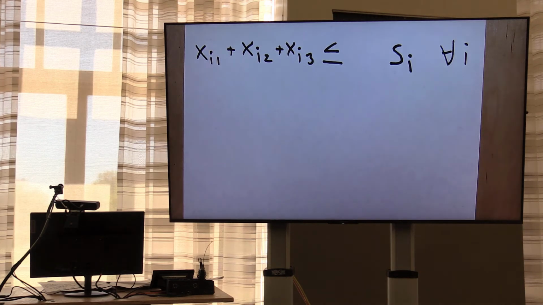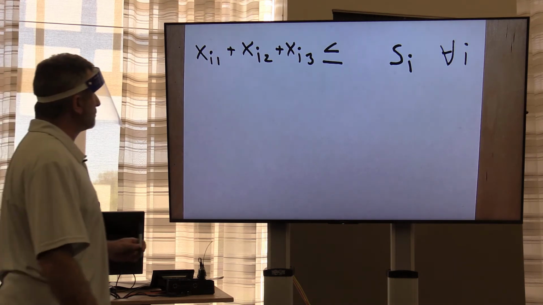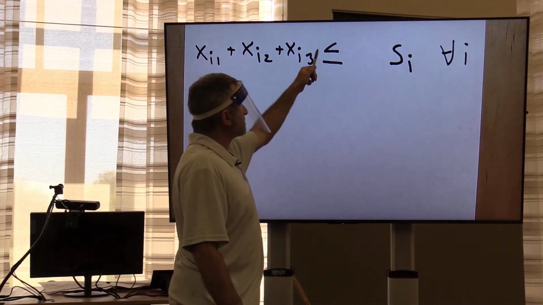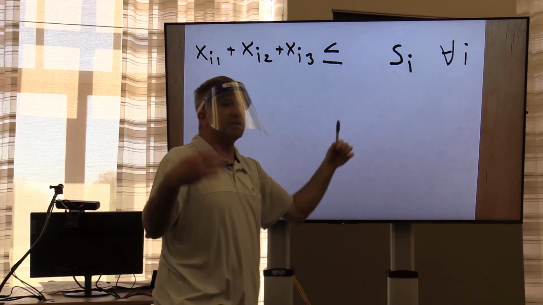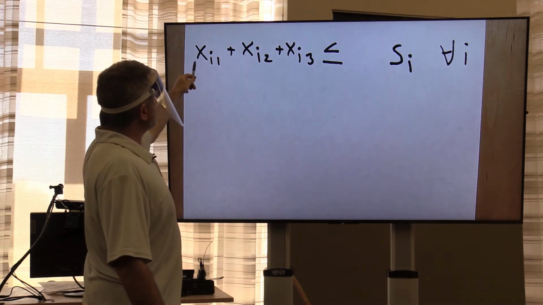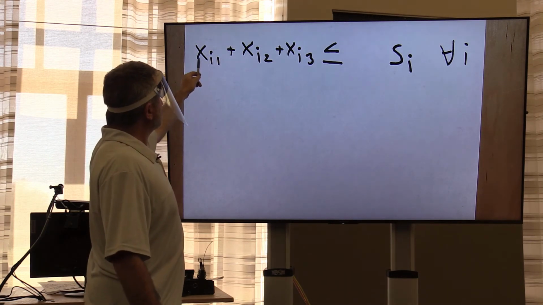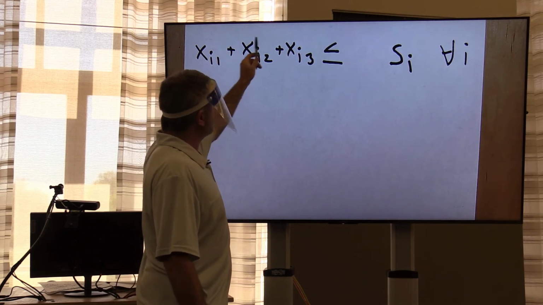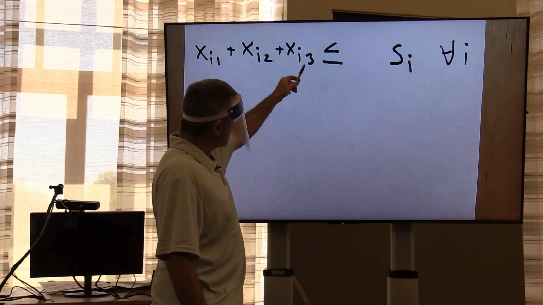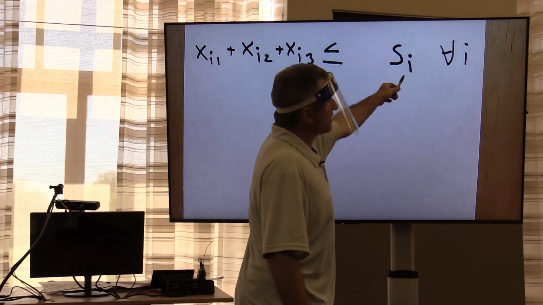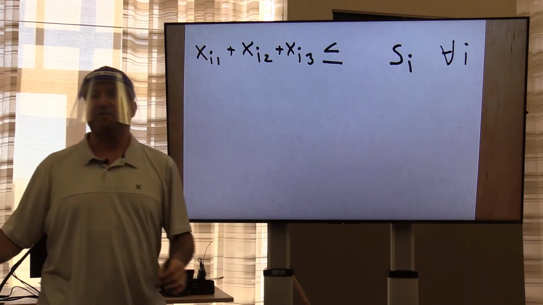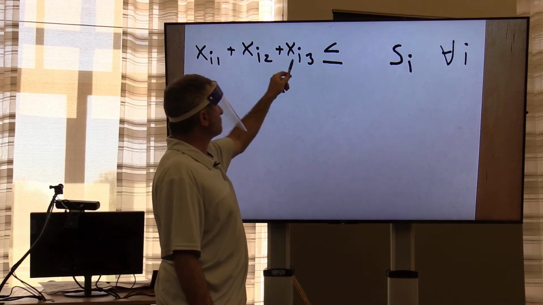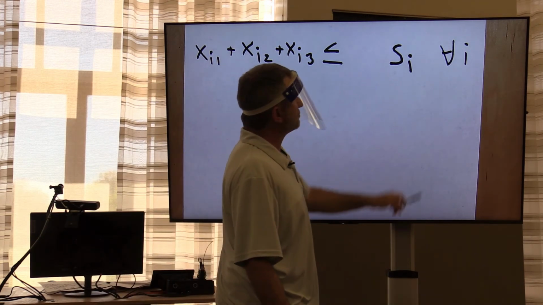So if I is 1, we're talking about supply site 1, x11 plus x12 plus x13 has to be less than or equal to S1 of 100. Stuff that comes from supply site 1 to region 1 plus stuff from supply site 1 to region 2 plus stuff from supply site 1 to region 3 has to be less than the amount of stuff we have at supply site 1. If I is 2, it's x21 plus x22 plus x23 is less than or equal to S2.